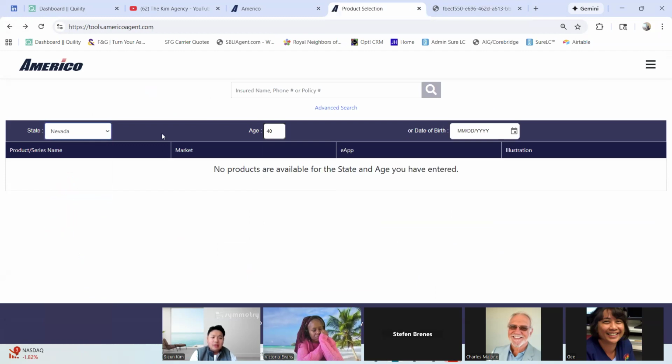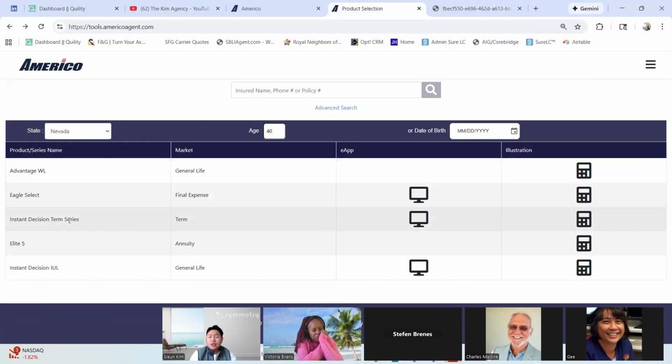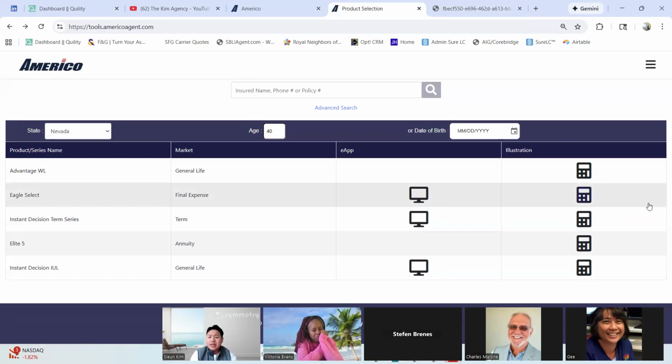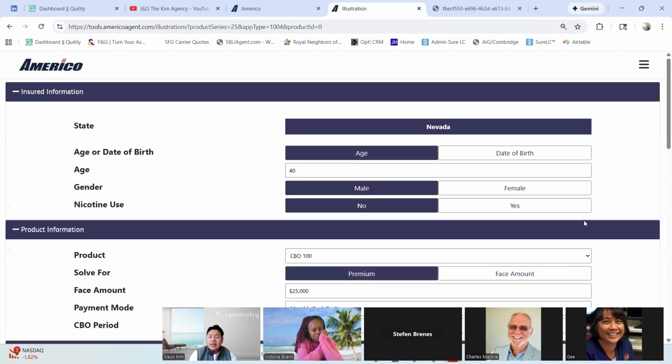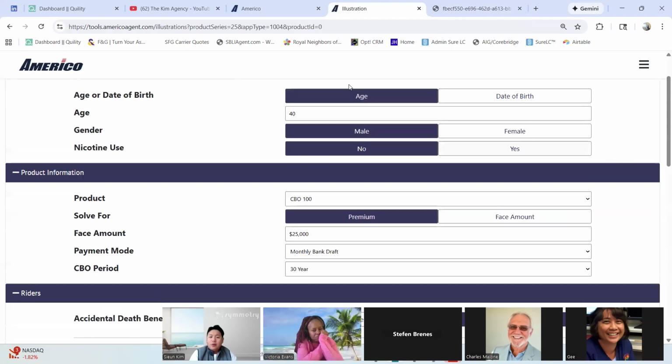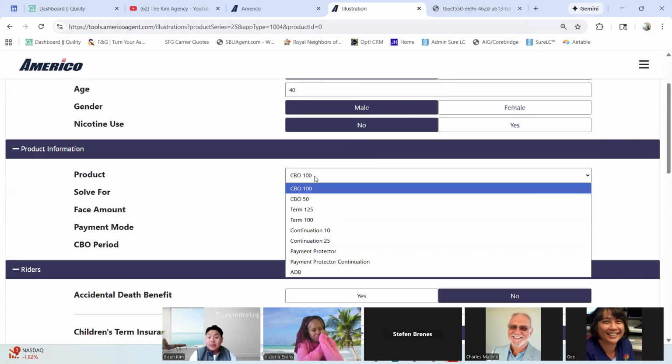Let's go to same thing, Nevada 40-year-old. Instant decision term series. I actually quite like Americo's instant decision term series because they have a variety of products inside of the term series. If you click this illustration and 40-year-old male, non-tobacco, and product type, there's quite a lot.